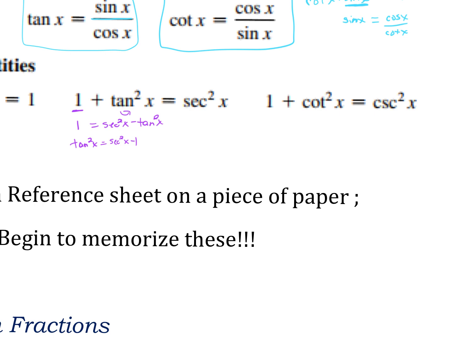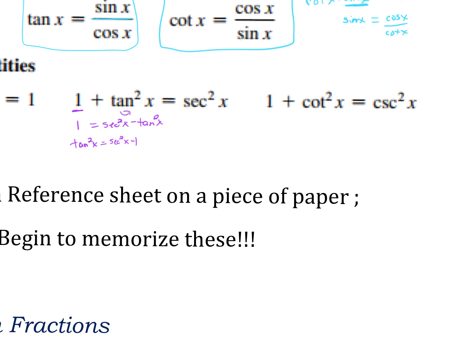Not cosecant. Oh my god, bro. Okay, you got this. Read it. All right, 1 plus tan squared x equals secant squared x. There you go. Beautiful. 1 plus tangent squared x equals secant squared x.